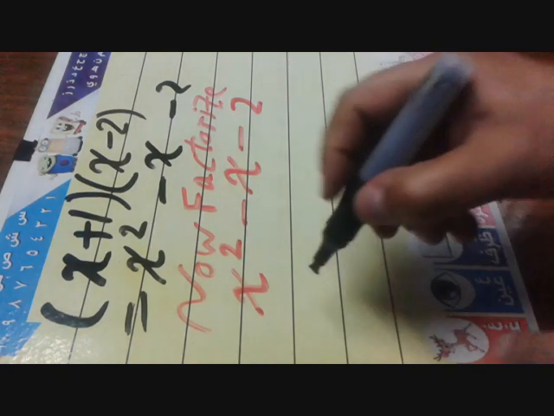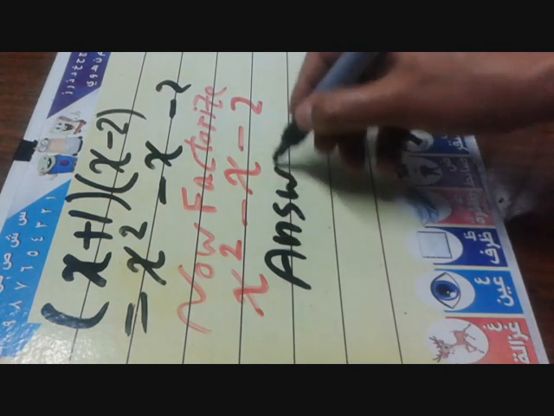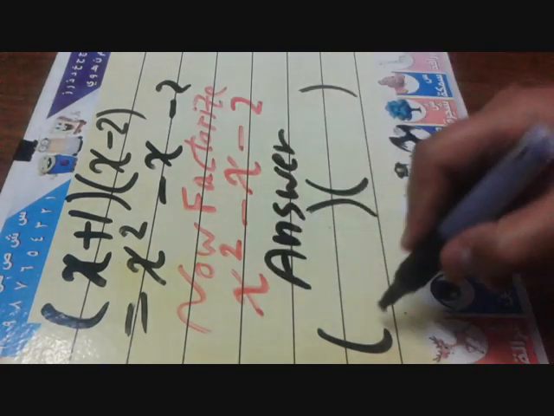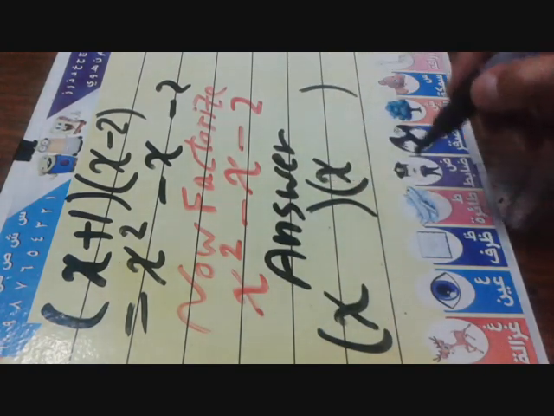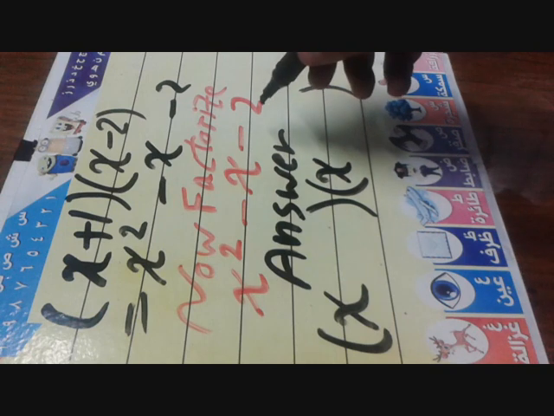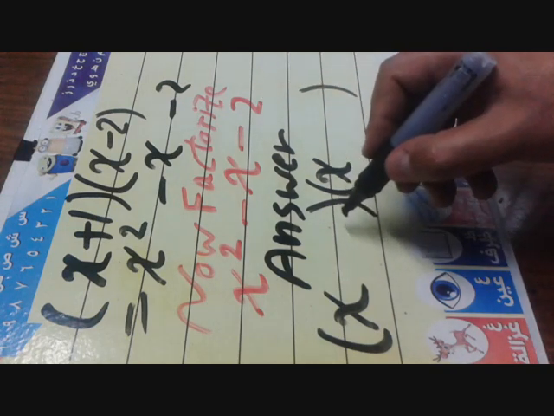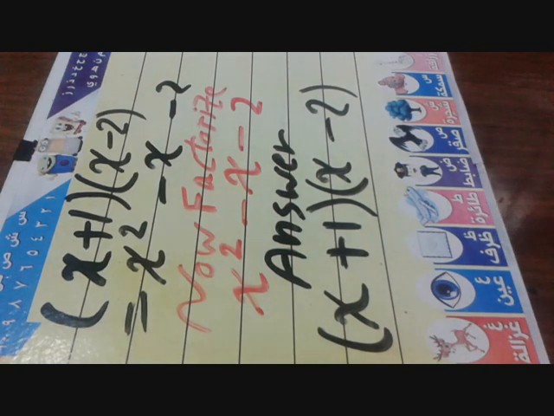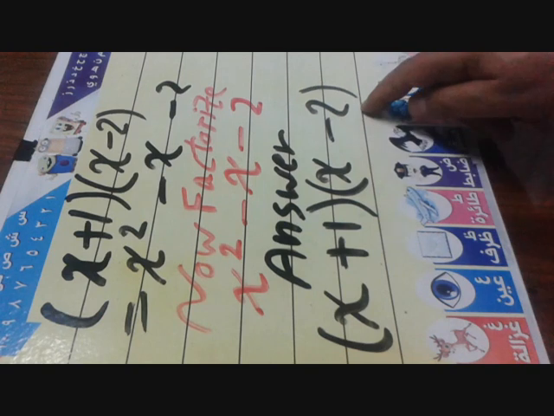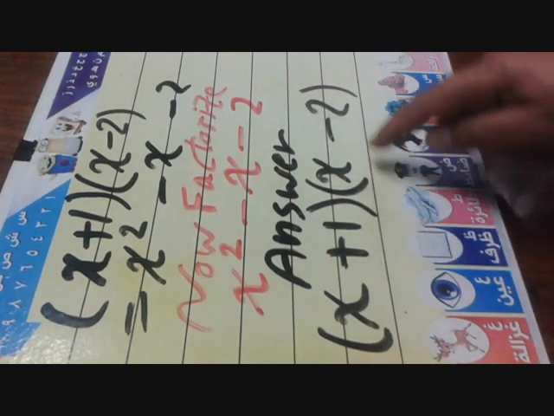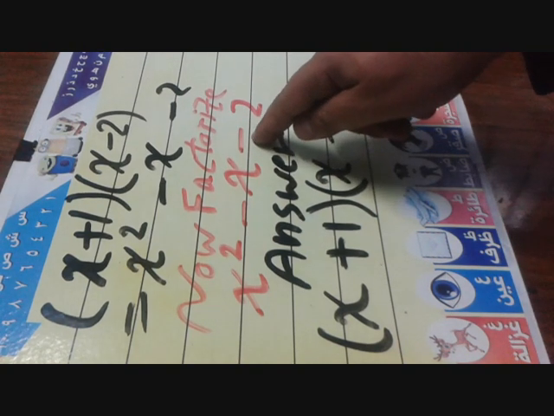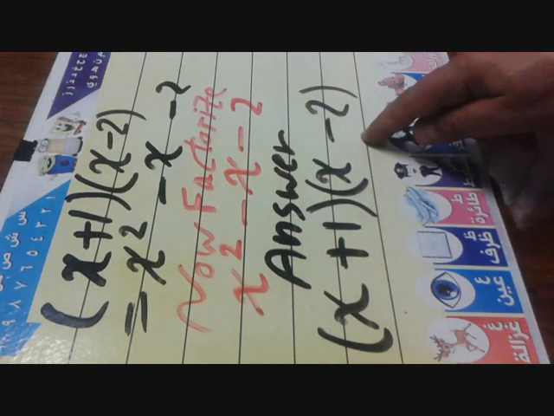The answer, of course, two brackets, x square is x times x, negative 2 equals positive 1 times negative 2. Why? 1 times 2 equals 2. The last term is negative. Therefore, the signs here are different.